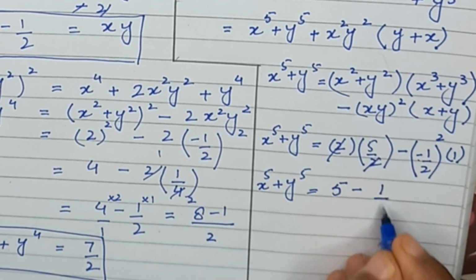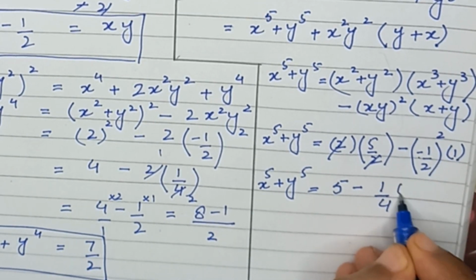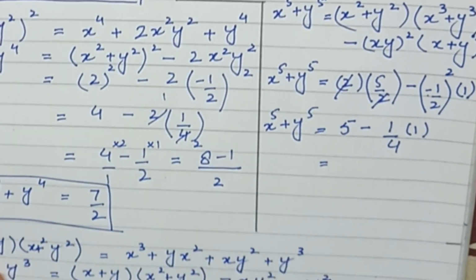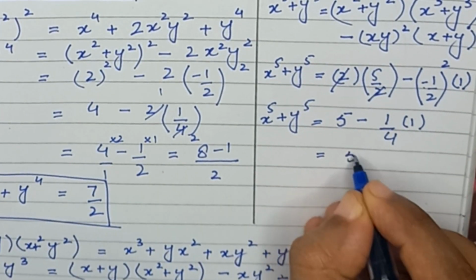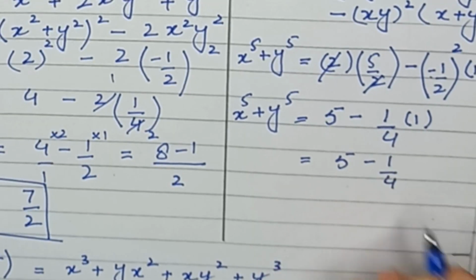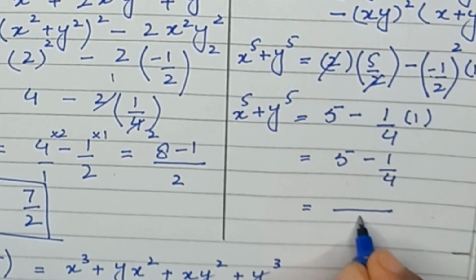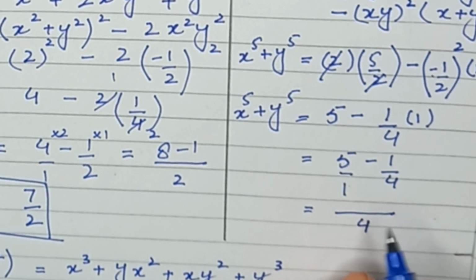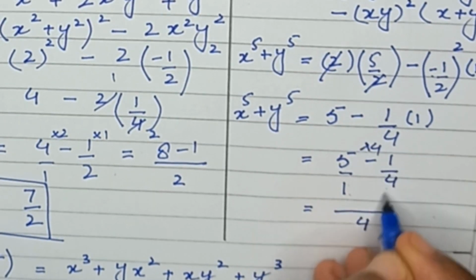2 squares means 4 and 1 as it is. So it will be equal to 5 minus 1 divided by 4. So here we'll take LCM of denominator. So 1 4 times 4 and 4 1 times 4.